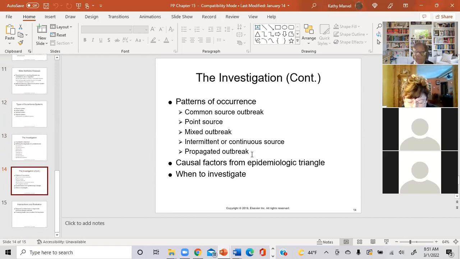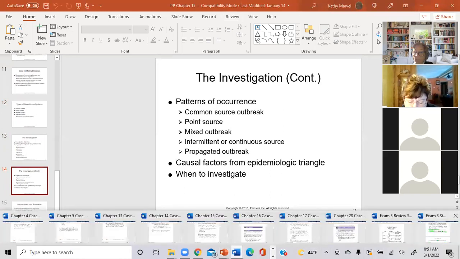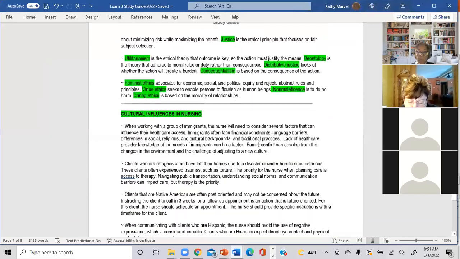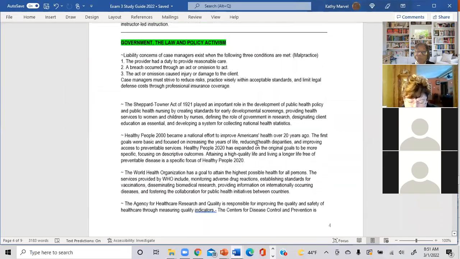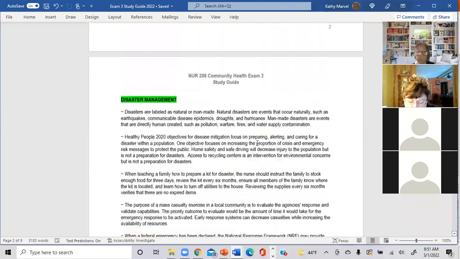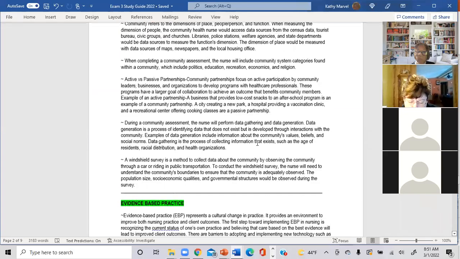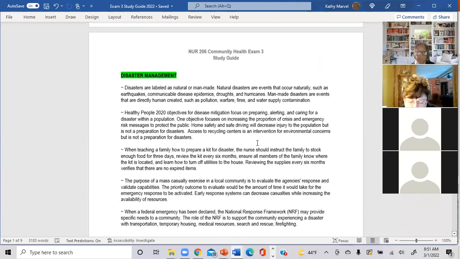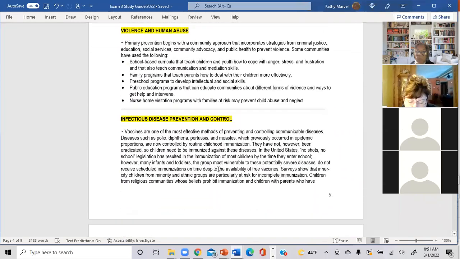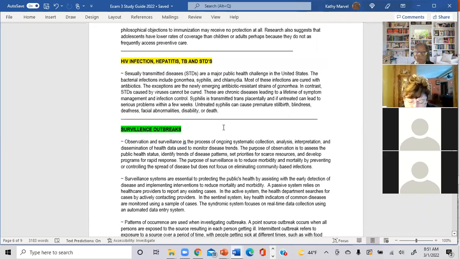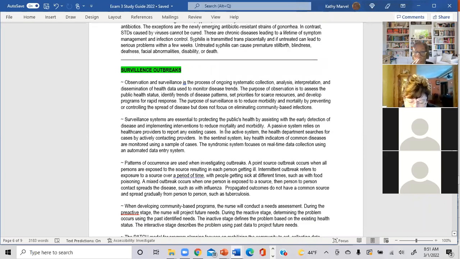Okay. So here are your surveillance systems right here.